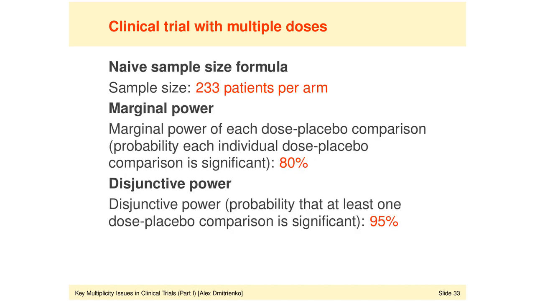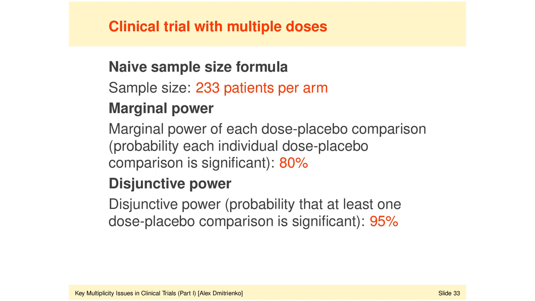To help answer this question, let us compute the key operating characteristics of the trial design based on the naive sample size formula that incorporates this Bonferroni type adjustment. We said earlier that the common sample size with this approach is going to be 233 patients per arm. Let us compute the marginal power for each dose-placebo comparison, and by marginal power I mean the probability that each individual dose-placebo comparison is significant.